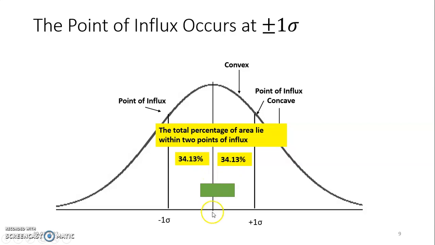In the same way, from the maximum height to plus 1 sigma, the area covered is 34.13%. So the total area is 68.26% between minus 1 sigma and plus 1 sigma.